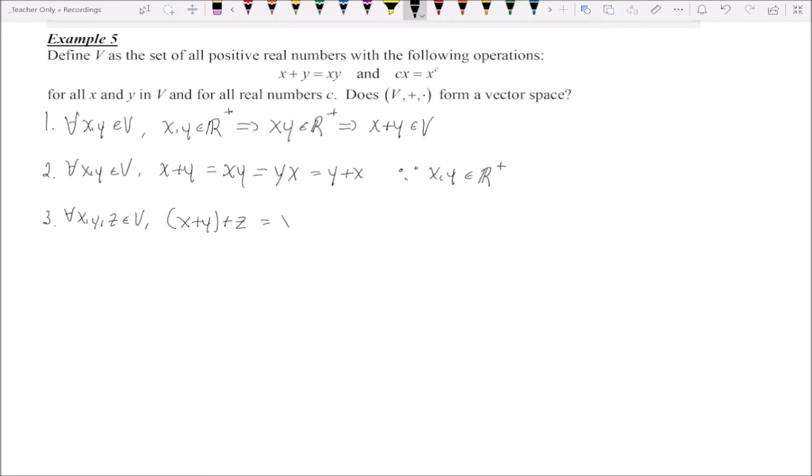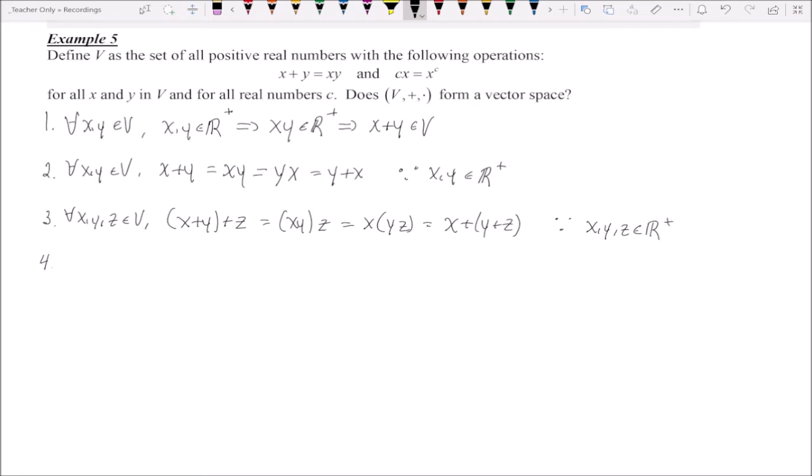Well, by definition, this is the grouping of x times y times z, which is equal to x times the grouping of y times z, which by definition is x plus the grouping of y plus z. Right? We can do this because we know that multiplication of real numbers is associative. So this is because x, y, and z are all positive real numbers.